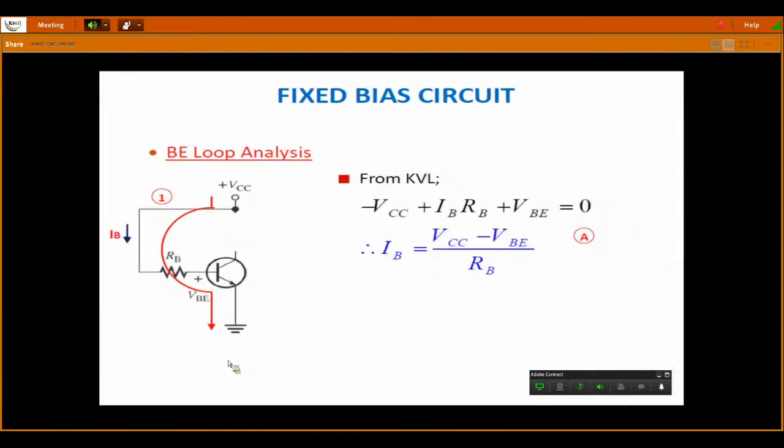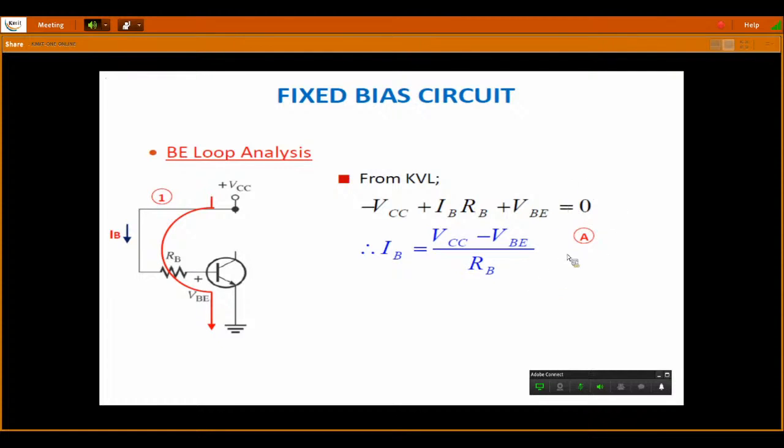So here we are applying the KVL in the input loop. When I apply KVL in the input loop, the base current is equal to VCC minus VBE. So VCC minus the drop across the resistor RB, IB into RB, minus VBE. You can write it like that also, but I am taking minus VCC here, and hence plus IB RB plus VBE is equal to 0.